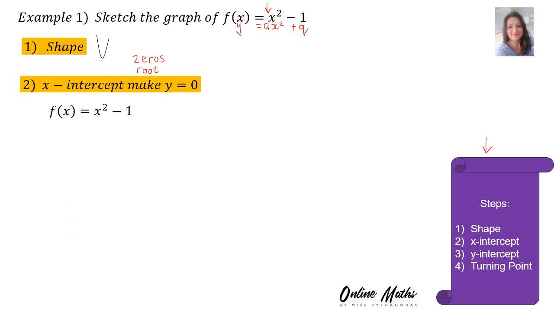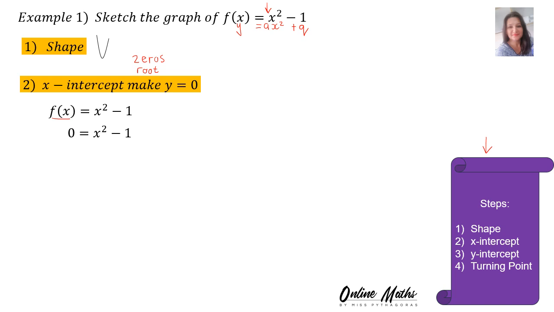There's our equation, f of x is x squared minus 1. Remember, f of x is the same as y, so in f of x's place we substitute 0 equals x squared minus 1. Now we find on the right hand side the difference of two squares, and remember you must be able to factorize.